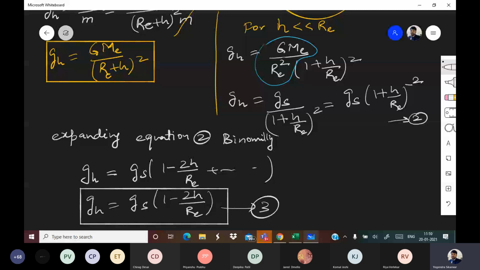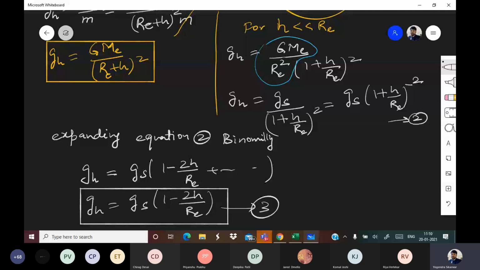So equation 3 gives the value of G at heights which are much lesser than RE. Equation 3 gives the value of G for smaller heights.